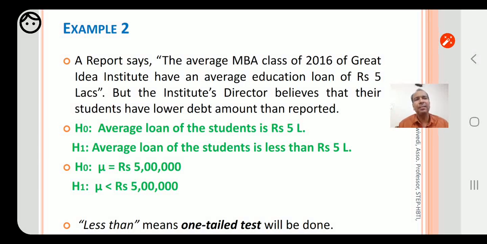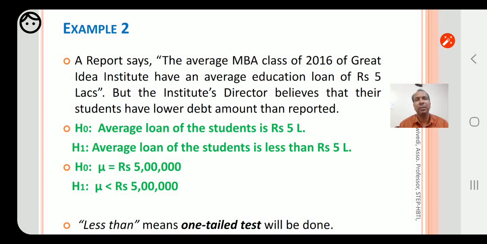So against this, the alternative hypothesis will be in favor of the director's statement, that is, the average loan of the students is less than rupees 5 lakh. This can be expressed mathematically as H naught: mu equal to rupees 5 lakh, whereas H1: mu is less than rupees 5 lakh.